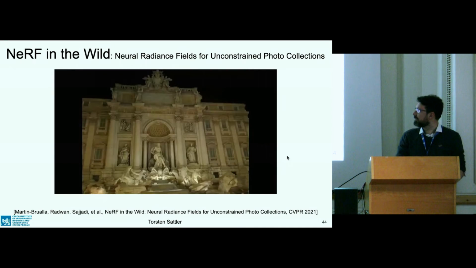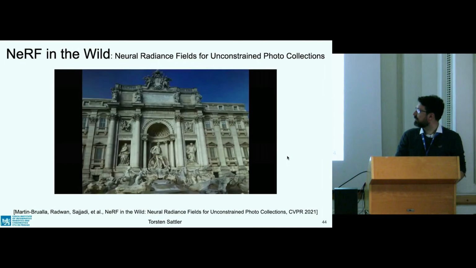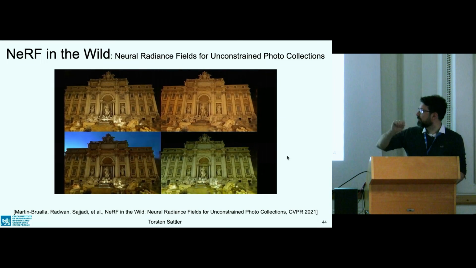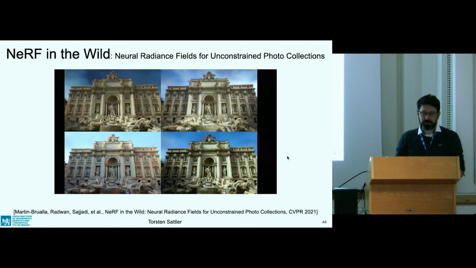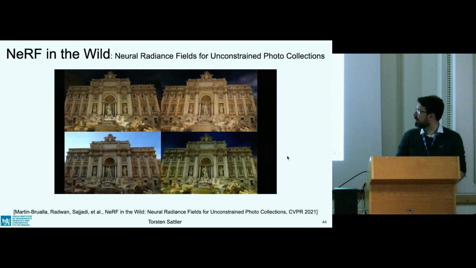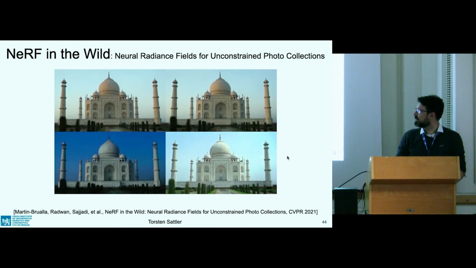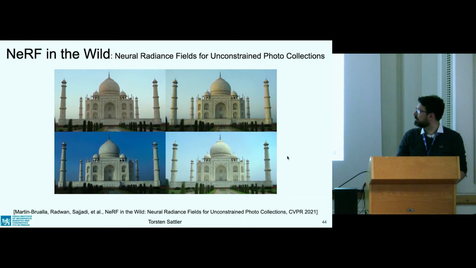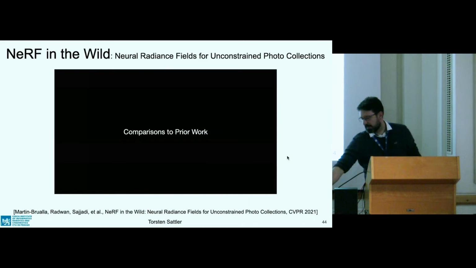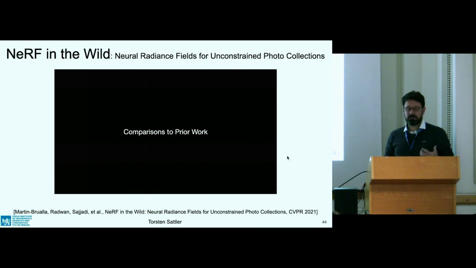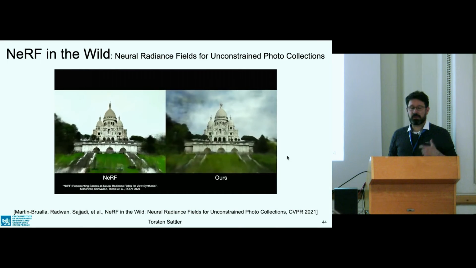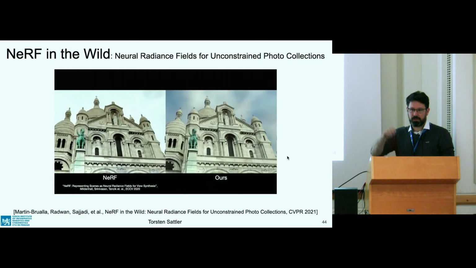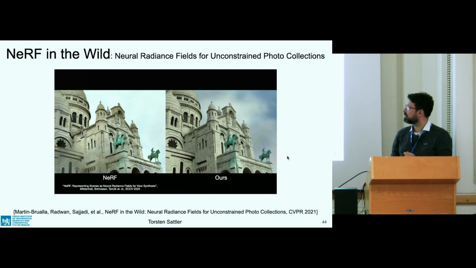So this is the scene rendered from a small trajectory while at the same time varying the appearance vector. So you get different appearances for the scene. Meaning, based on having training data captured at different conditions, you can relight the scene in an implicit way by interpolating between vectors.